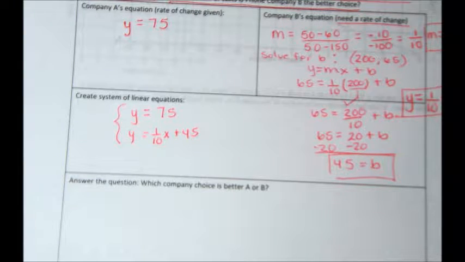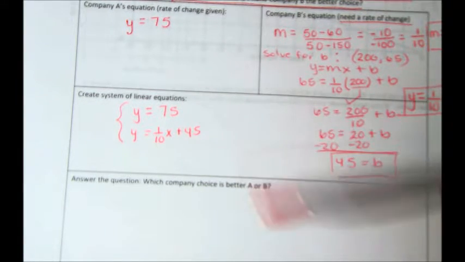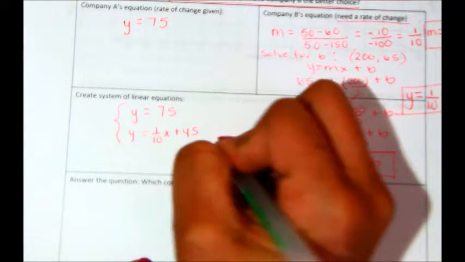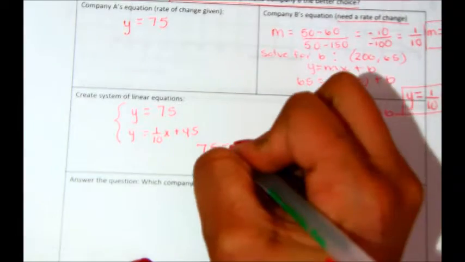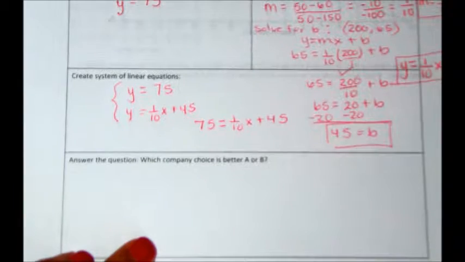Based on the way our problem is set up, which method would I use to solve this system? Would I use the elimination method? Would I use the substitution method? Or could I set both of these equations equal? Yeah, because both of my equations are set equal to y, I can actually say that 75 is equal to 1/10x plus 45.